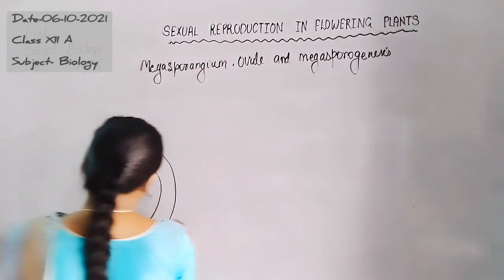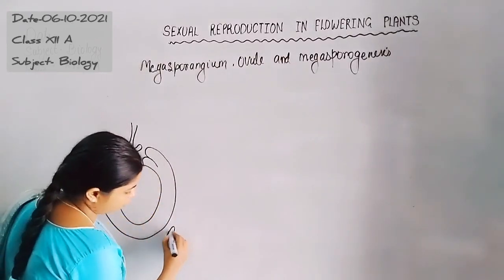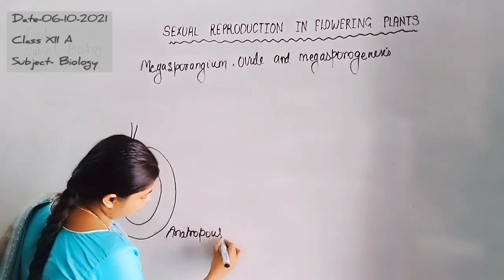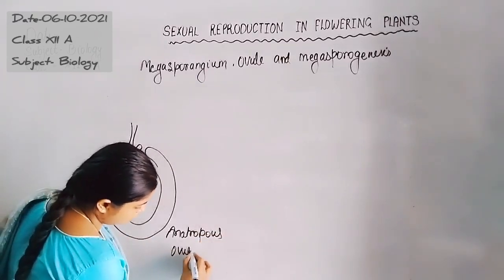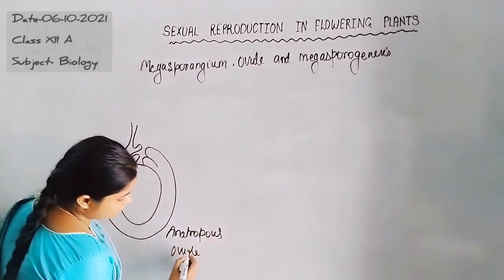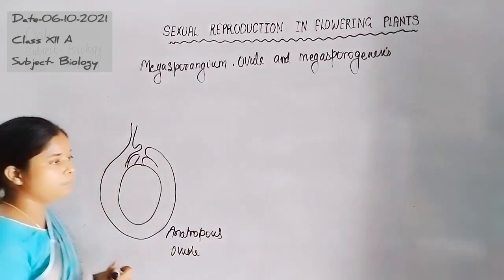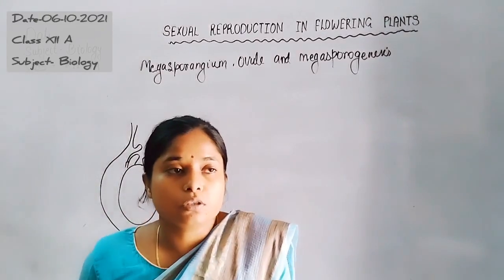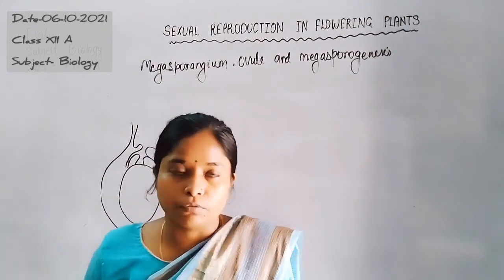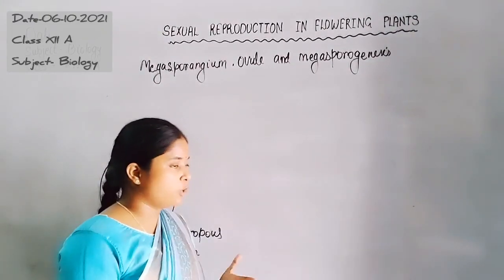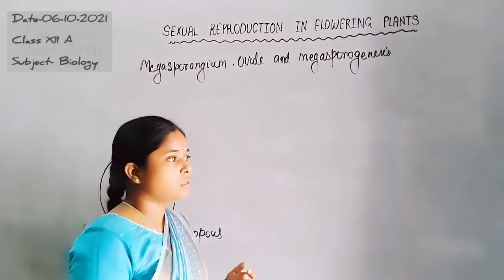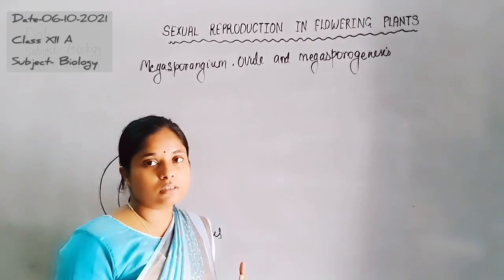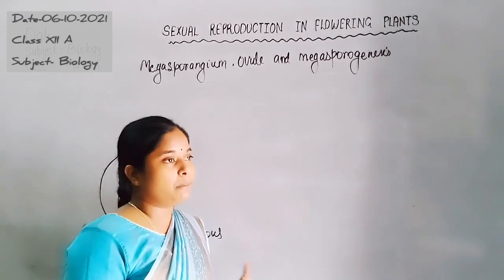Now, most plants have the anatropous type of ovule. But except for these, some angiosperm plants show a different type of ovule structure, like atropous, amphitropous, cercinotropous, hemianatropous, campylotropous.